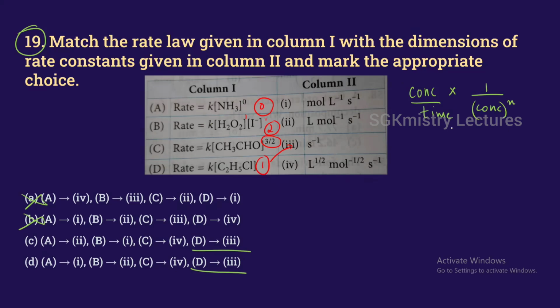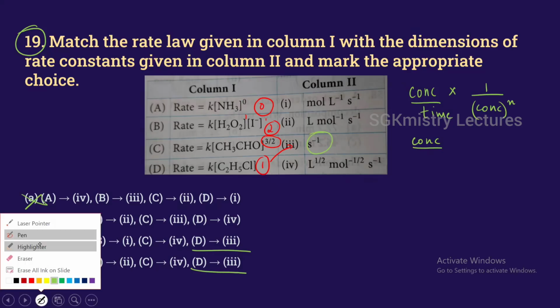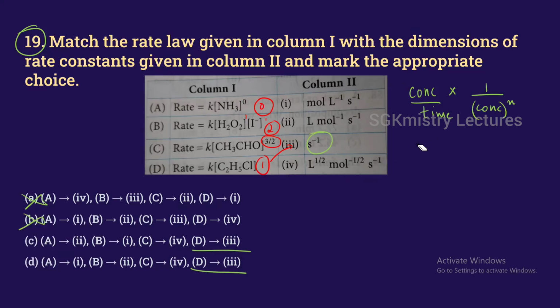So for first order, we already have second inverse. Now let us try for zero order reaction. Either you can memorize these units or you can quickly find it out. Okay, mole per liter by time into 1 by mole per liter square. This is for second order reaction.